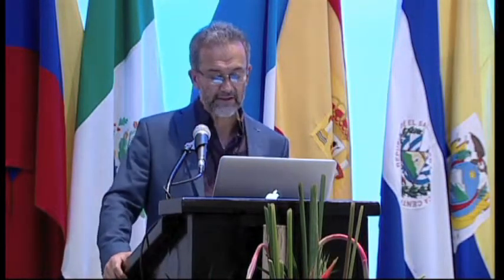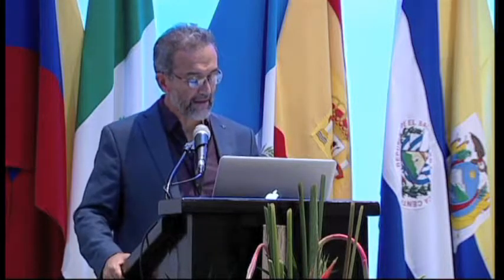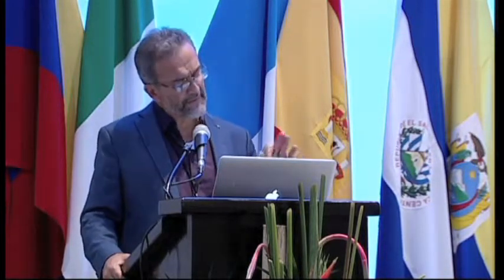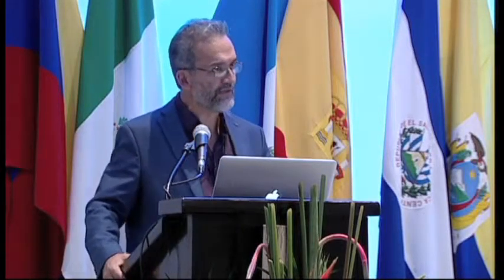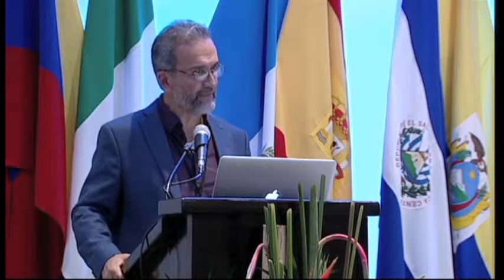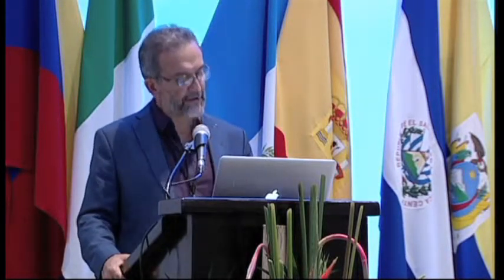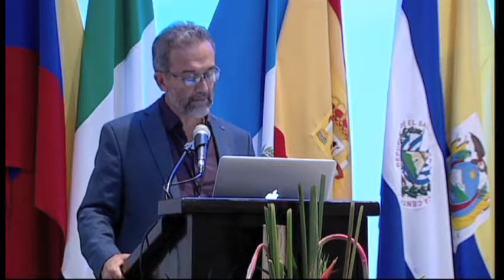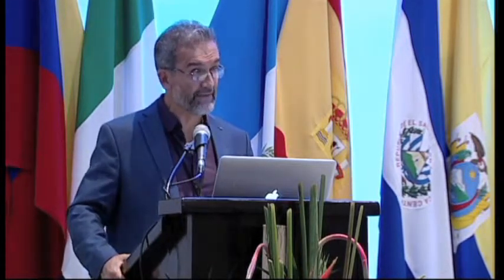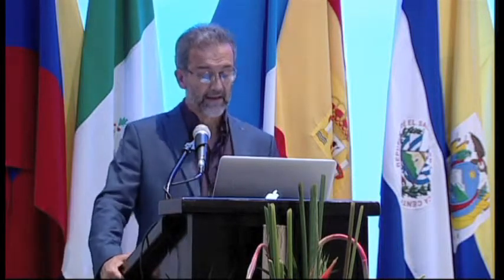So I have divided this presentation in 5 topics. First, a brief introduction. Then, what are the 3 main early approaches to trying to automate or semi-automate the process of identifying species? 3 current approaches. 2 of them are very, I think, promising, and in fact, they are already delivering very exciting results.